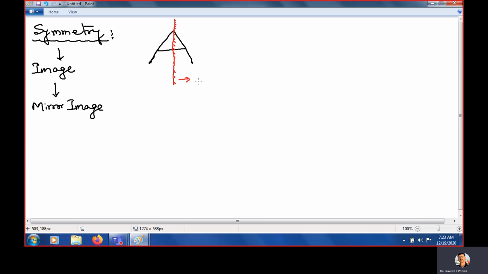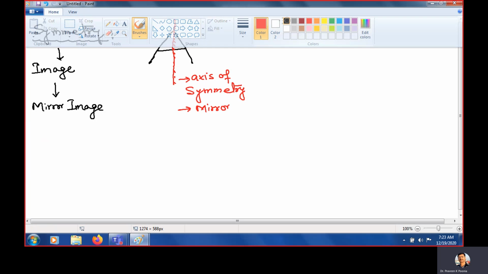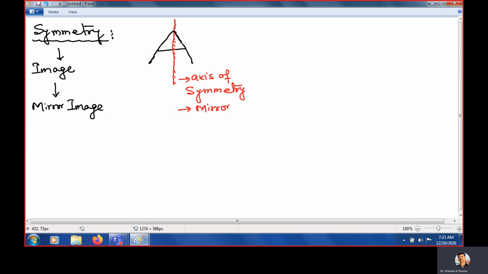This red line is dividing this A into two same parts, clear? So this is called the axis of symmetry. You can call it a mirror also. This is the line that is dividing this A into two parts. So this is called the axis of symmetry.